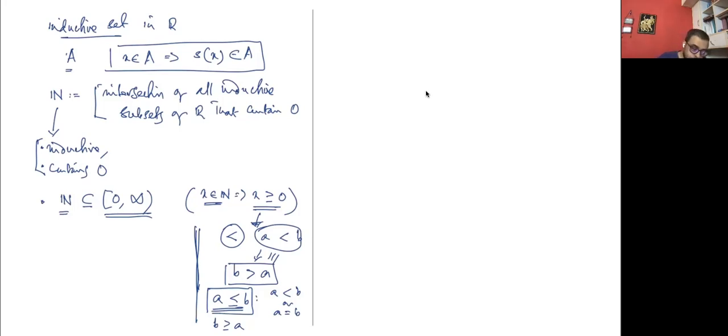Now let's go back to the successor function. This was just the map x going to x plus 1. One trivial observation here is that if you have two reals, x and y, with x less than y, then x plus 1 is less than y plus 1.